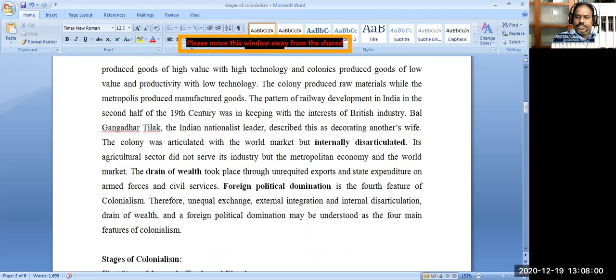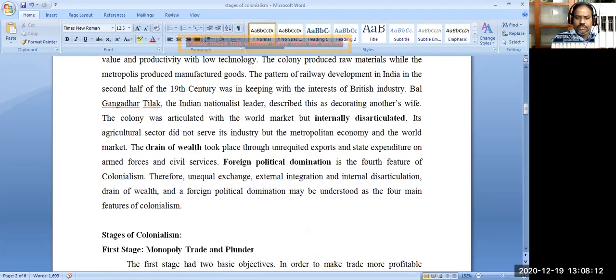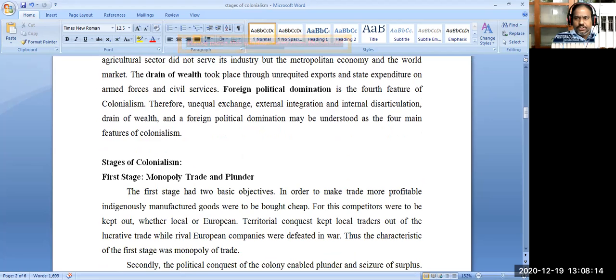Therefore, unequal exchange, external integration and internal disarticulation, a drain of wealth, and foreign political domination may be understood as the four main features of colonialism. Okay, so after the features, we may see the various stages of colonialism, the global concept, and then we'll go to colonialism in the Indian context.